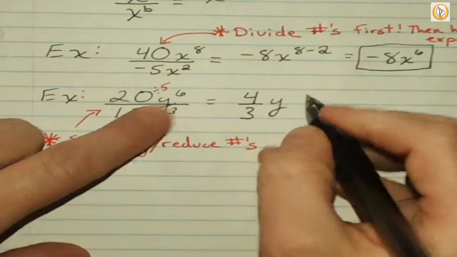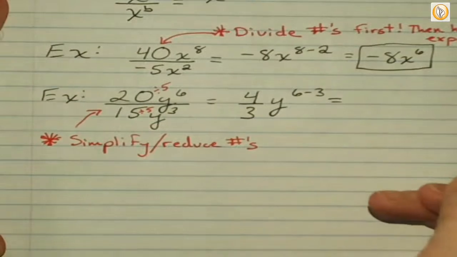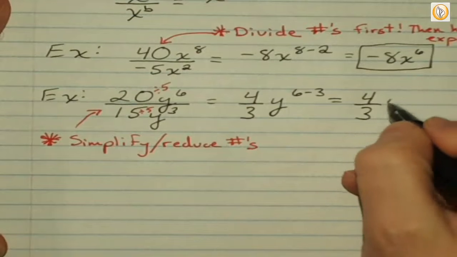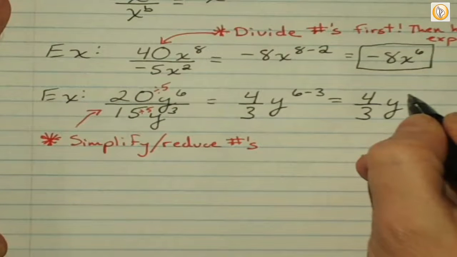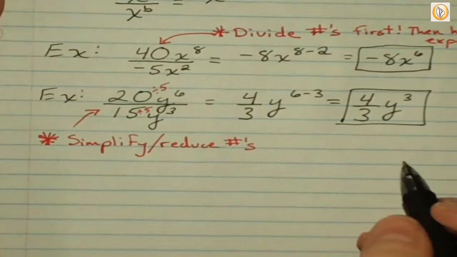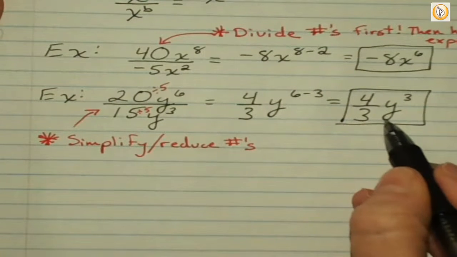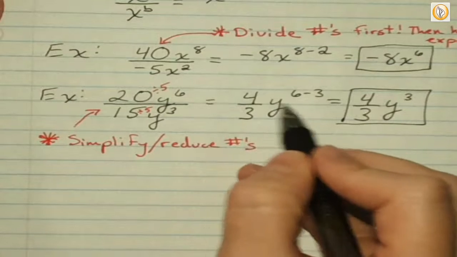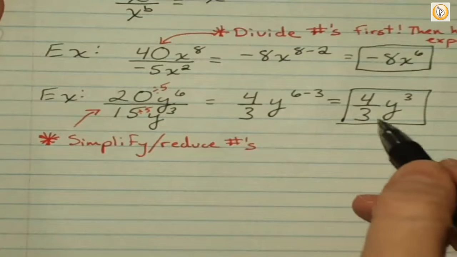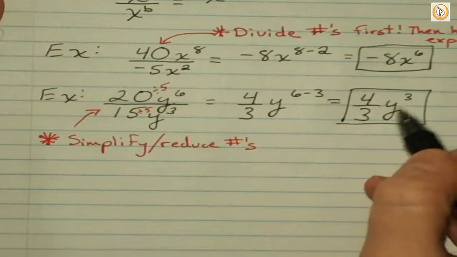That would be y to the 6 minus 3, which would end up 4 over 3 y to the 3rd power. Your y does not go down here with the 3 because it's up at the top. I've had kids, for some reason, put it down here. No, no, no, no. It's right up here.